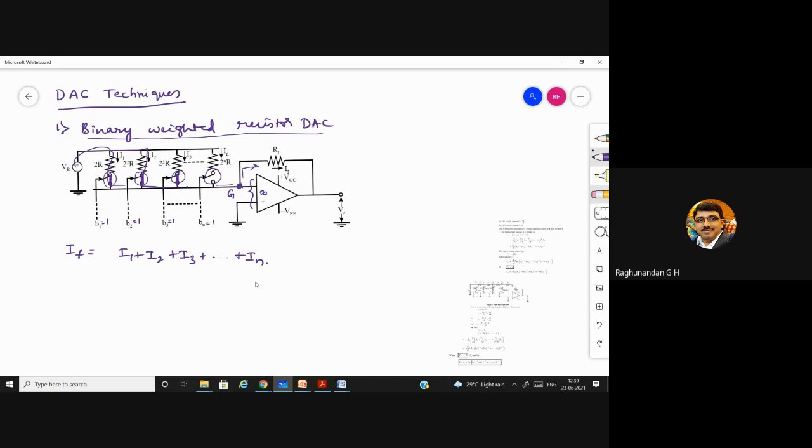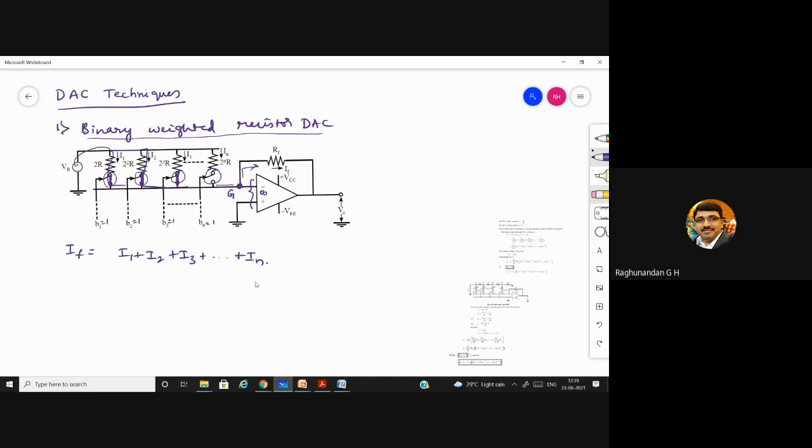That's why we have taken IF is equal to I1 plus I2 plus I3 till IN. So none of the current will flow through the op-amp since it is going to offer the highest input impedance. But practically, a small amount of current will be flowing, which will be neglected.